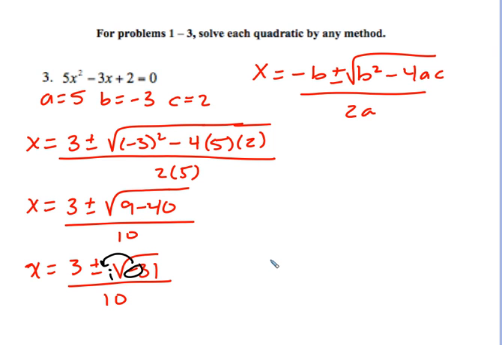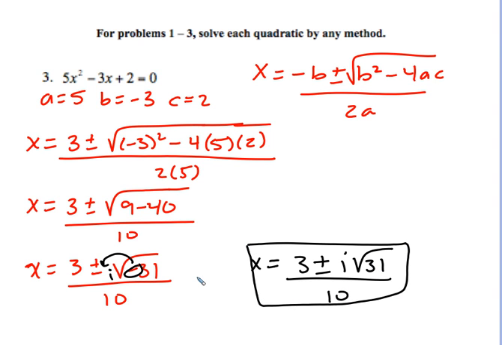So that gives you a final answer of x equals 3 plus or minus i square root of 31 all over 10. So now you are to do those problems that I left you. It's called Unit 2, Test Problems 1 through 3. Let's practice on these problems here.